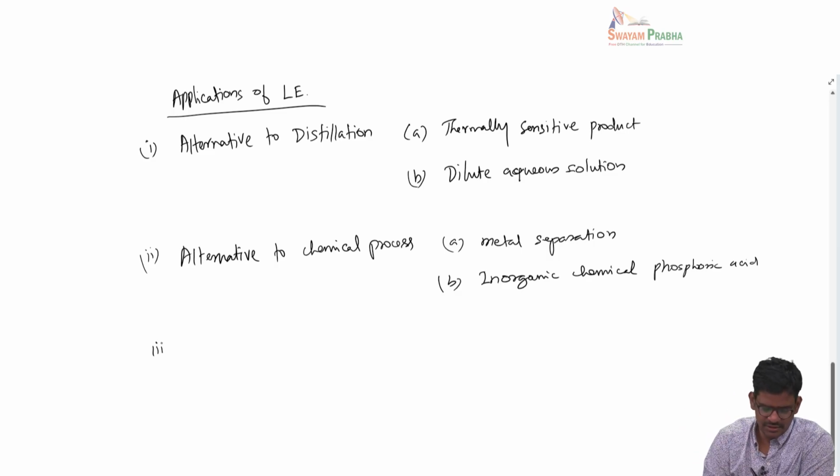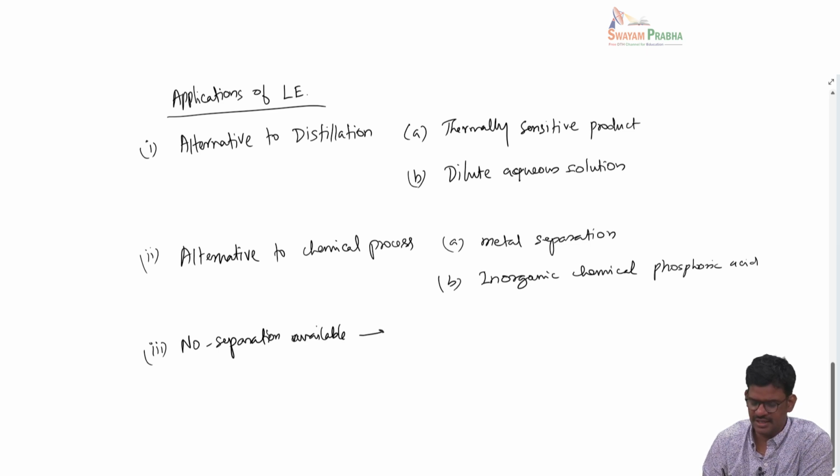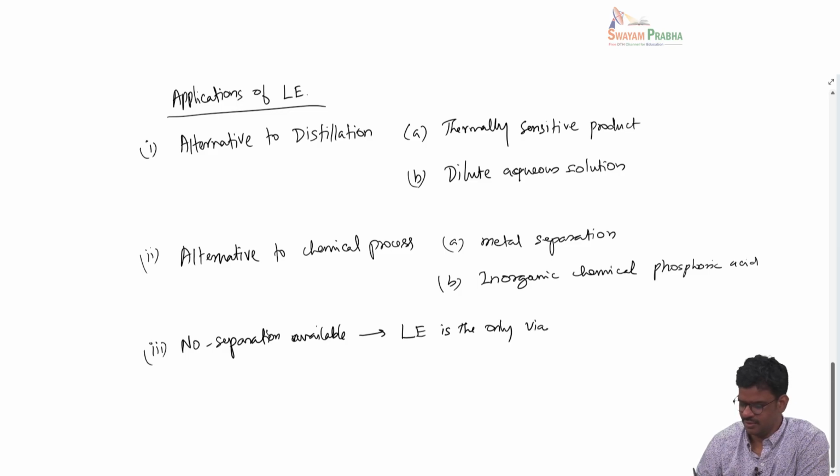There is a third approach where sometimes there is no separation available. When there is no separation available and we see that liquid extraction is the only possible, okay, the only viable separation.